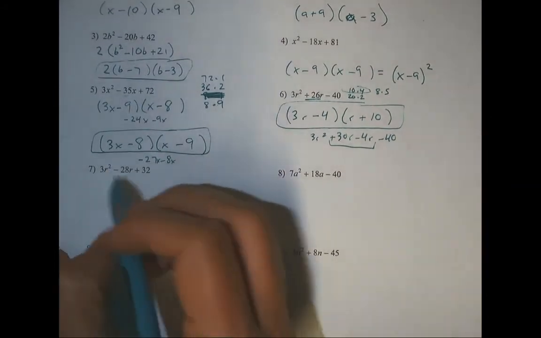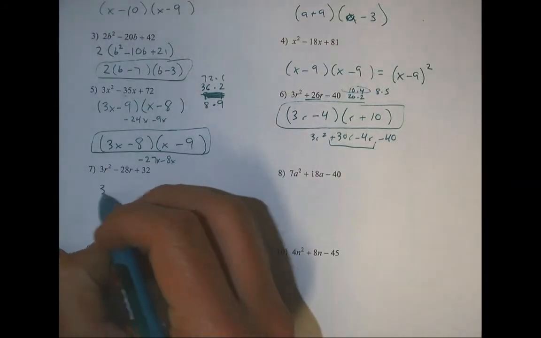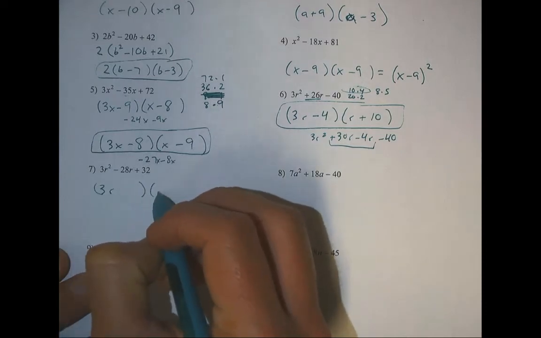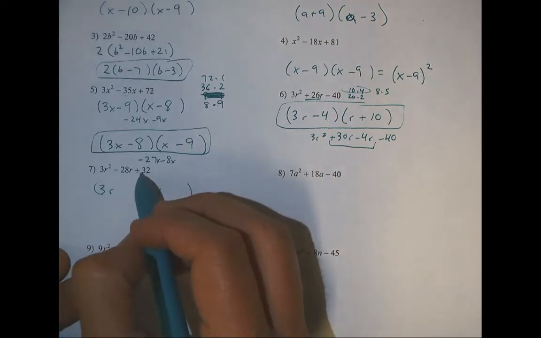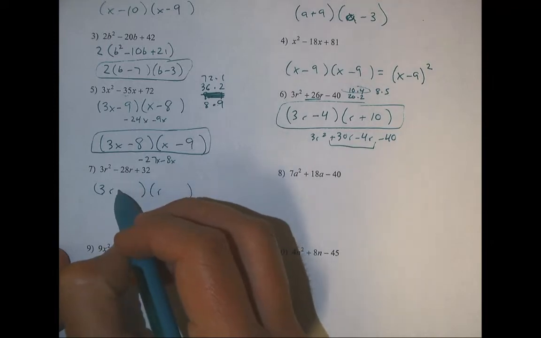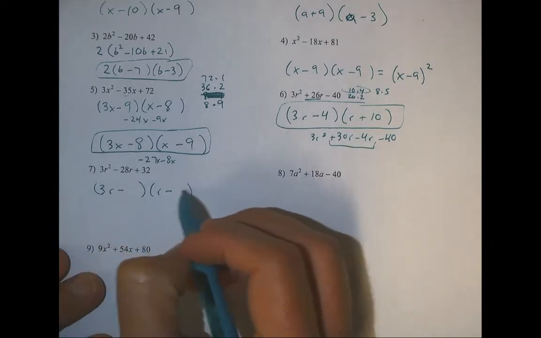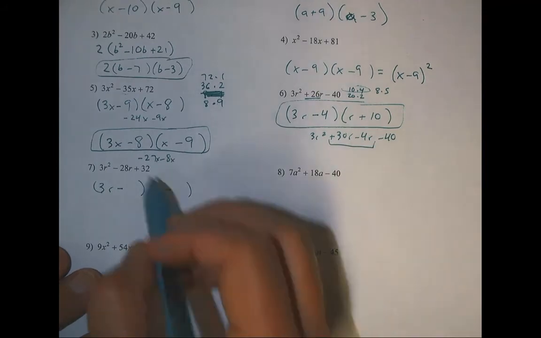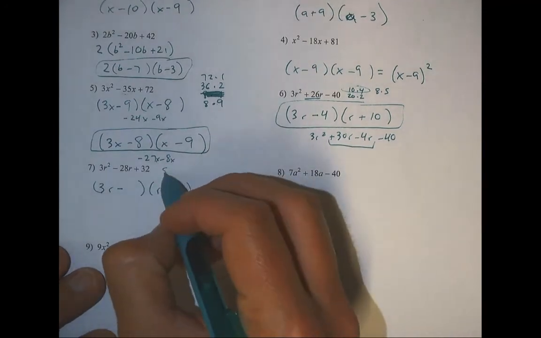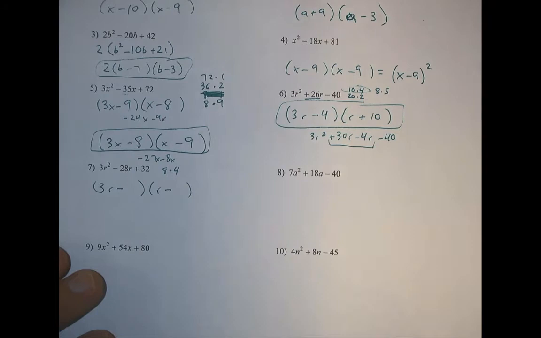Number 7. Again with a 3 out front. So I'm going to make it look like this. Multiplying to a positive, adding to a negative. So again, I know that these are two negatives, so that helps me. 32, most common factors of 32 that you see will be 8 and 4.